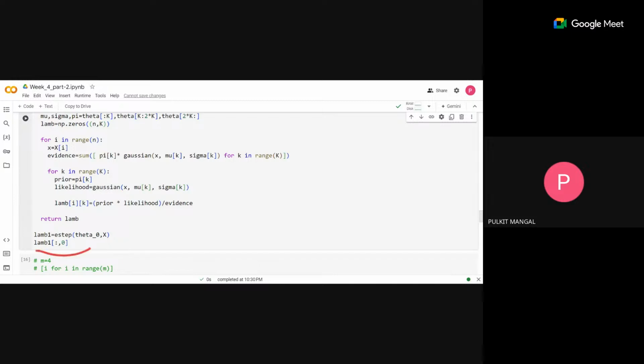Okay, is the slicing clear? Now next, it is asking for the sum of all these elements. That is the sum of this column that you will get. And what is the function for that?